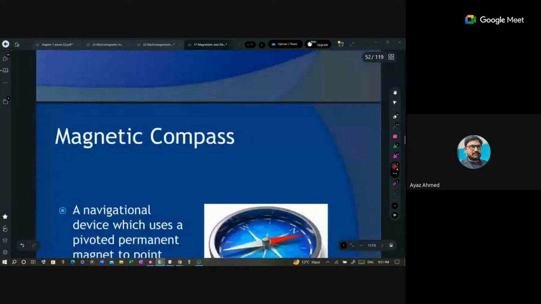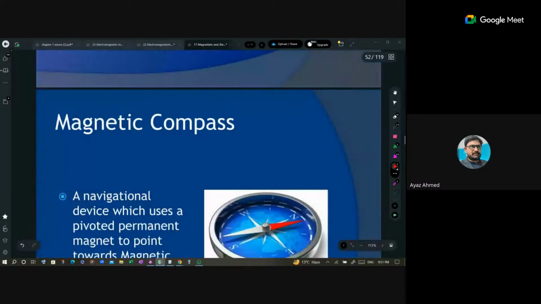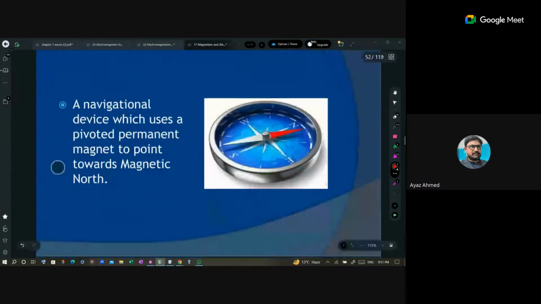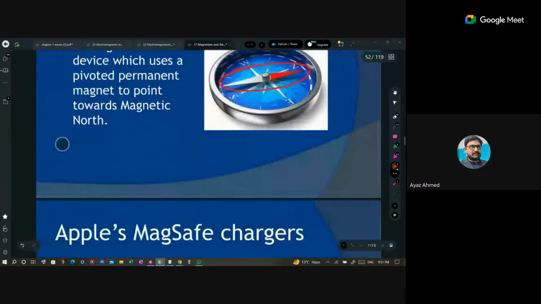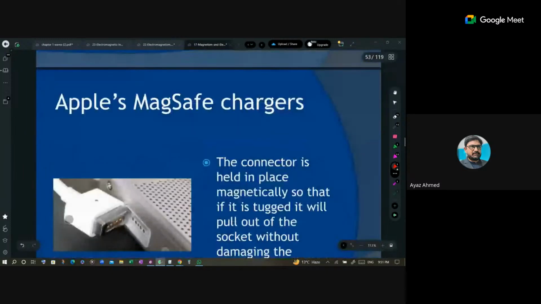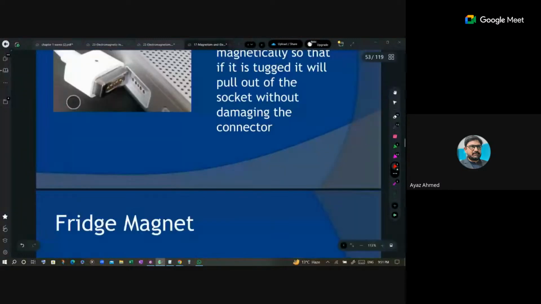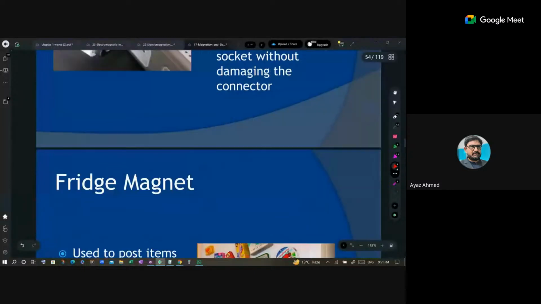Now the uses of permanent magnets. A lot of questions are asked from this domain of your topic. A magnetic compass uses a permanent magnet, so we use a steel needle which shows us the north and south. Then MagSafe chargers are formed from permanent magnets, and they are used to pin the sockets easily.